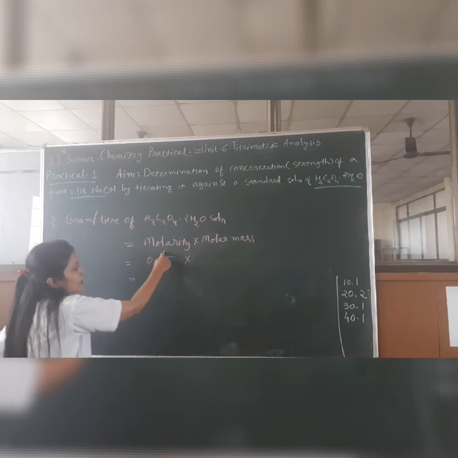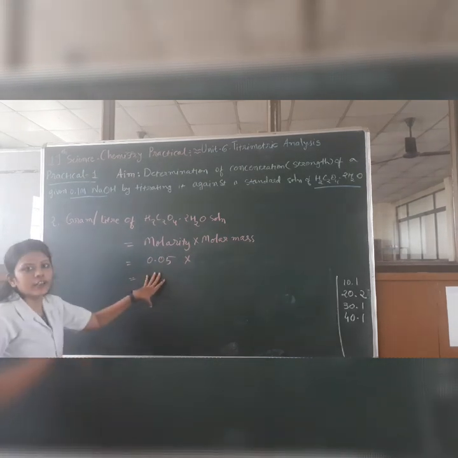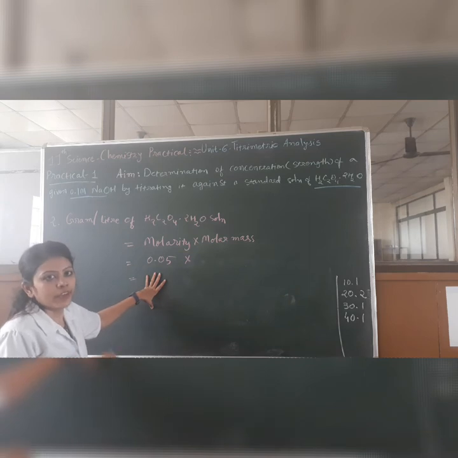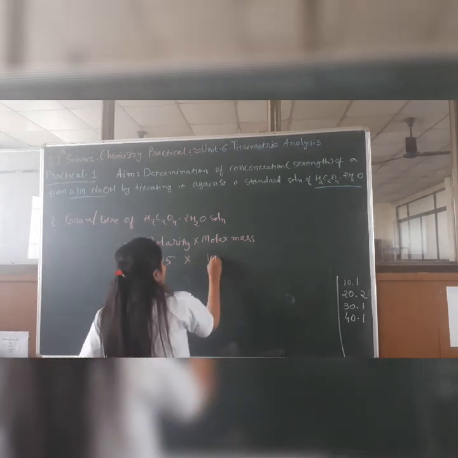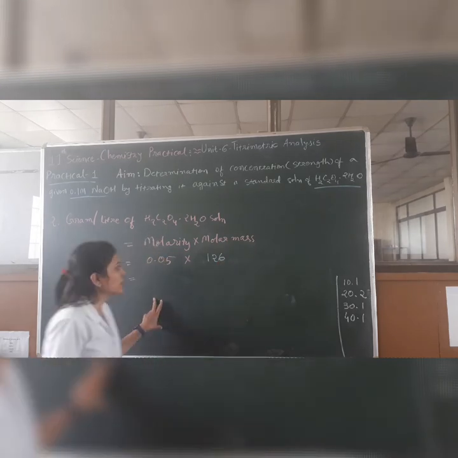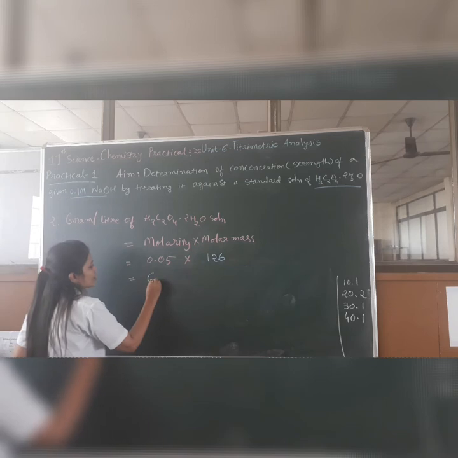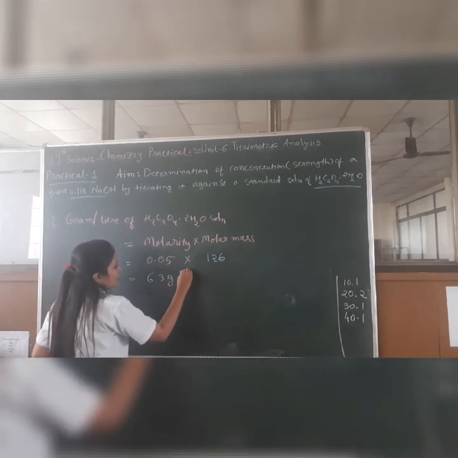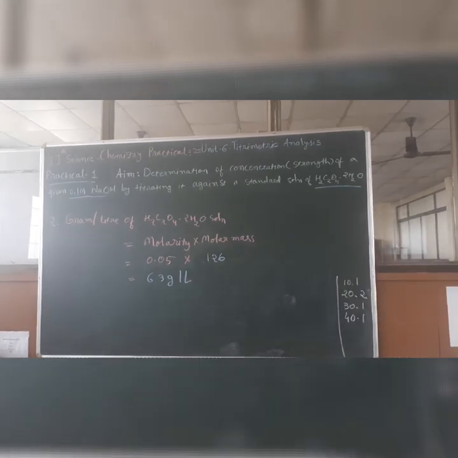Formula: molarity into molar mass. Molarity we have already found, 0.05 molar. Then the molar mass is 126 gram. So 0.05 into 126 is 6.3. The unit is gram per liter.